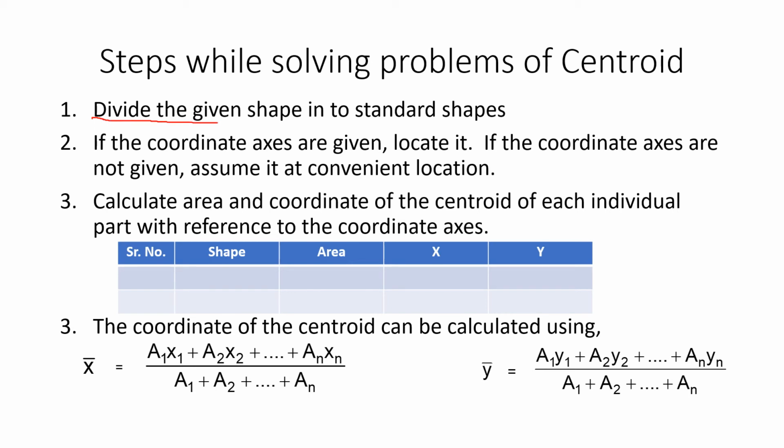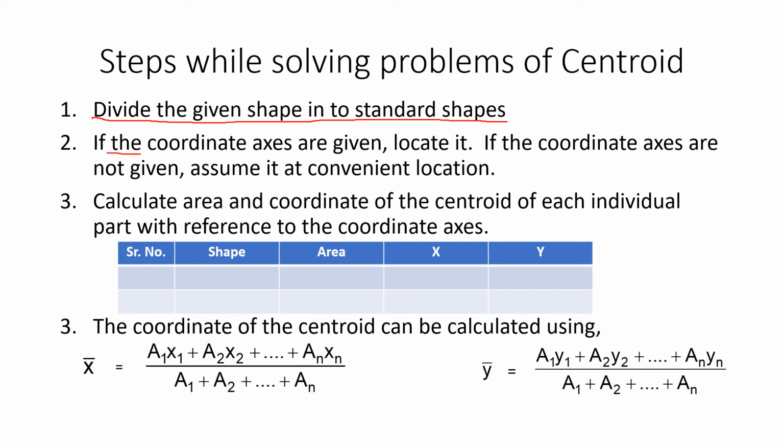You have to divide that complex shape into a number of standard shapes. Those standard shapes, which we have already discussed, are rectangle, triangle, circle, semicircle, quarter circle and sector. That is the first step.